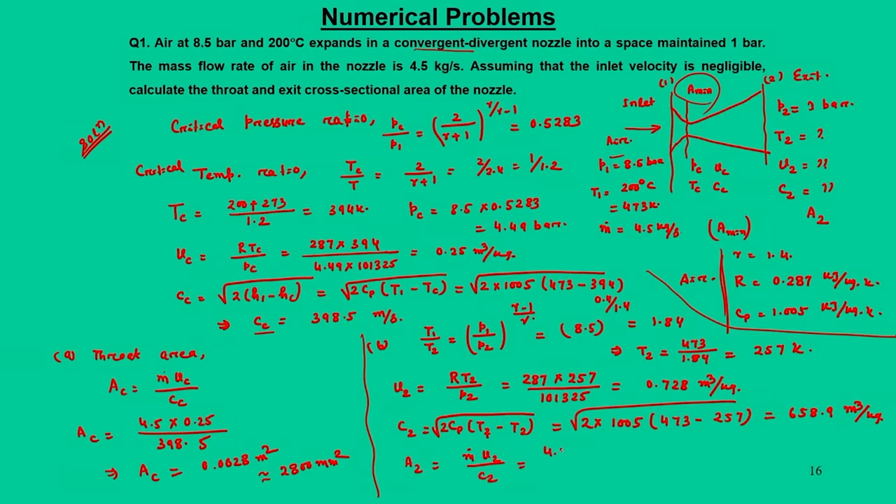So, 4.5 into 0.728 divided by 658.9. So, this is 0.00497 meter square or approximately 4970 millimeter square. So, we got the answer: the throat area of the nozzle is 2800 millimeter square and the exit area of the nozzle is 4970 millimeter square.